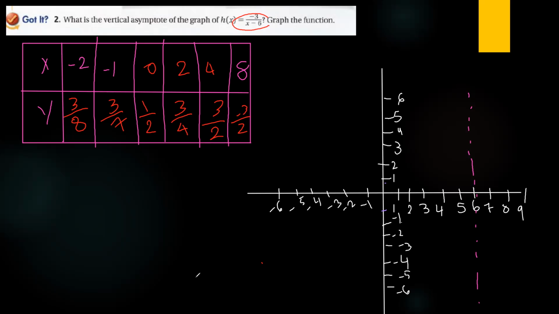So I don't know how we grow, something like this. Maybe it will be in quadrant 2 and 4. Yes, it's greater than 0.